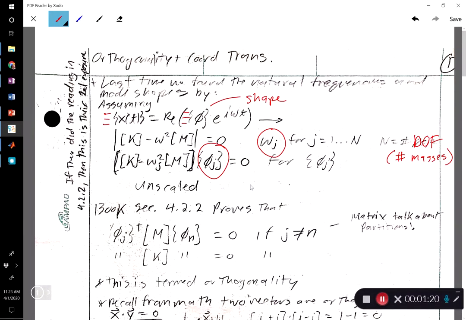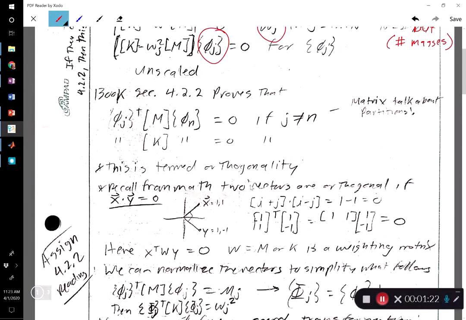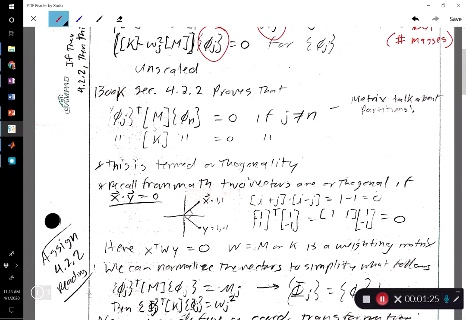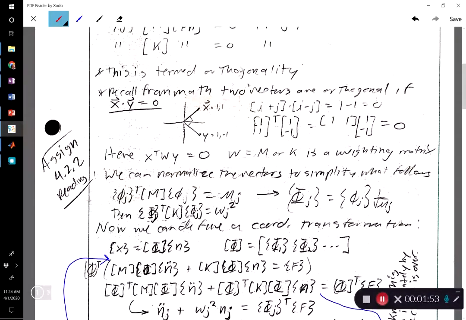The book proves that if you compute a dot product between the jth eigenvector, with the mass matrix's weighting, and the nth eigenvector, this will always be 0 if j is not equal to n. And the same is true for the stiffness matrix. So these vectors are not only special solutions, but they're an orthogonal basis for the solutions of the system.